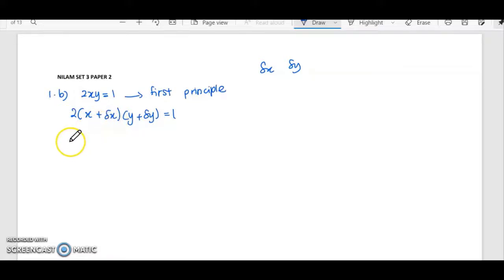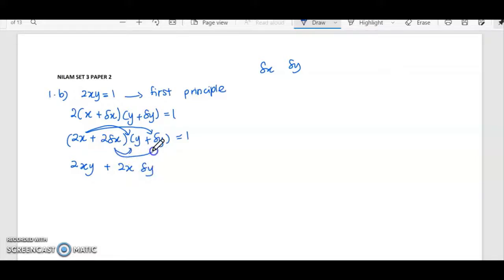Okay, so kita expand this one. So 2x plus 2 delta x. Okay, so kita expand apa yang akan jadi dengan dia. Kita expand this one and this one. So we get 2xy plus 2x delta y.